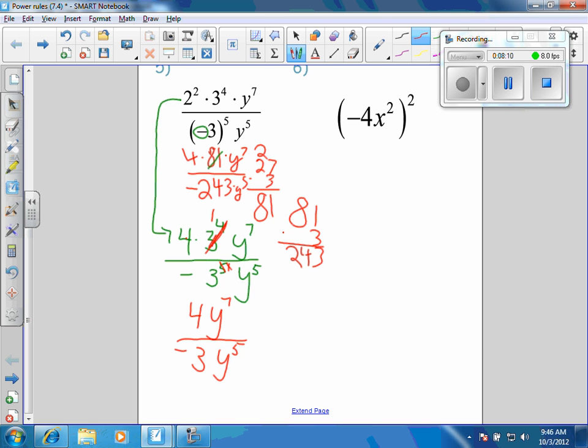Isn't that 4 y to the 2nd? Yeah. 4 y to the 2nd over just negative 3. Oh, that makes sense.